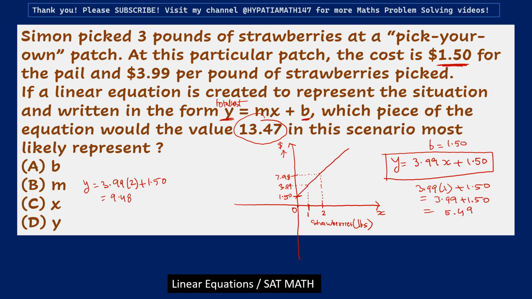Now if I was buying 3 pounds, it would be 3.99 times 3 plus 1.50. That is equal to 13.47, in dollars.